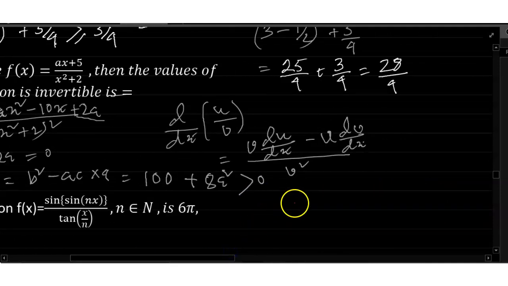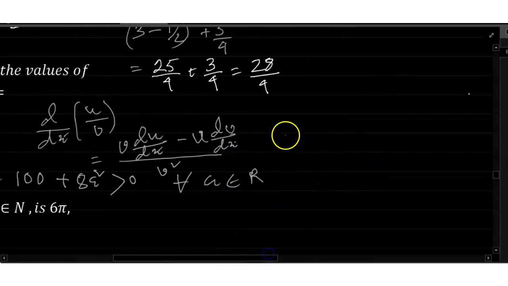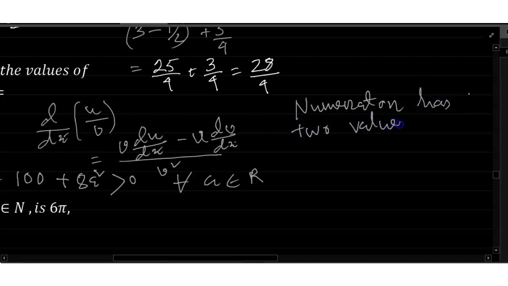So friends, greater than 0 for all a belongs to R, and the numerator has two values of x, then it is many one.